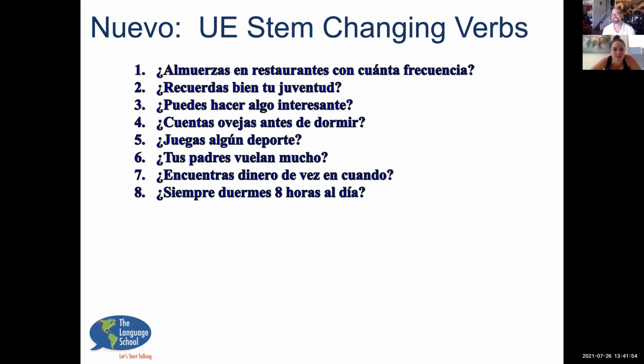¿Cuántas ovejas antes de dormir? Ovejas, ¿qué significa? Sheep. No cuento las ovejas. ¿Juegas algún deporte? Ahora no. En mi juventud juego la baila competitivo.